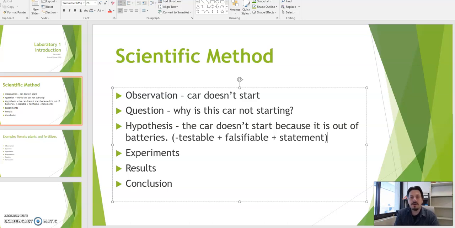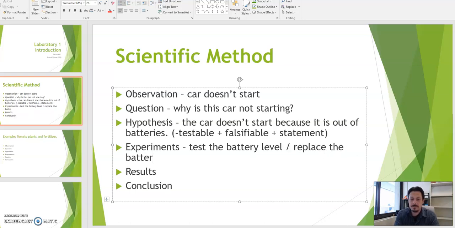So once you have your hypothesis, then you can do an experiment. Your experiment in this case could be several things. You could test the battery level. You can replace the battery if you're made of money.